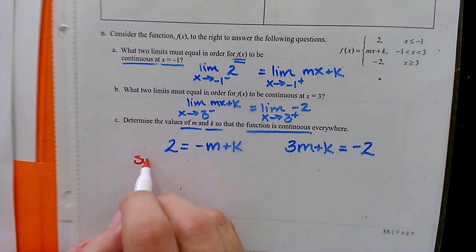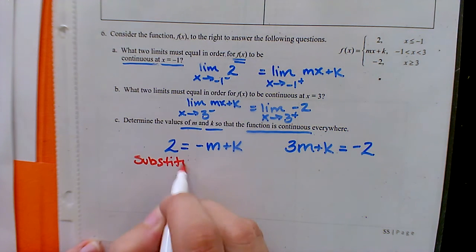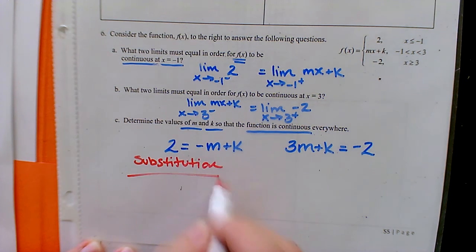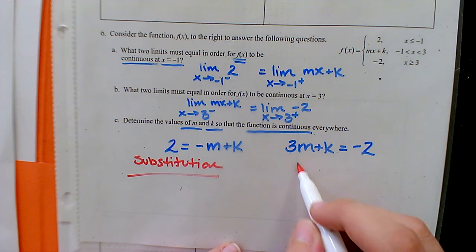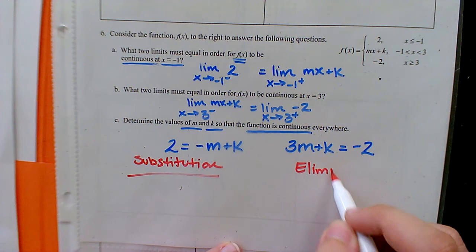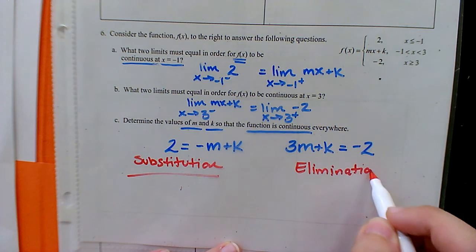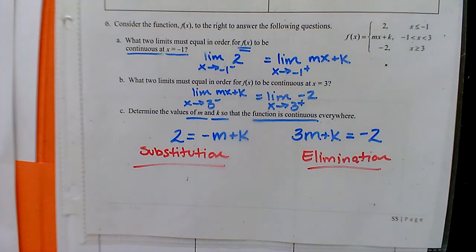Alright, so we can use a process called substitution. Okay, we have a system of equations here. I'm pretty sure you guys have heard that vocab before, system of equations, 2 variables, 2 equations. We have 2 techniques you could try. Substitution is one of them. Elimination is the other. Sometimes I prefer that one. So we'll actually go over both, but we should be able to get the same solutions either way.